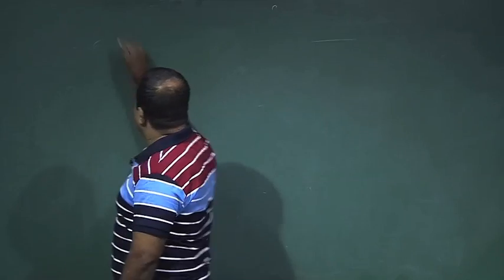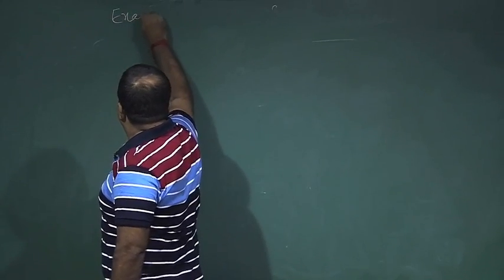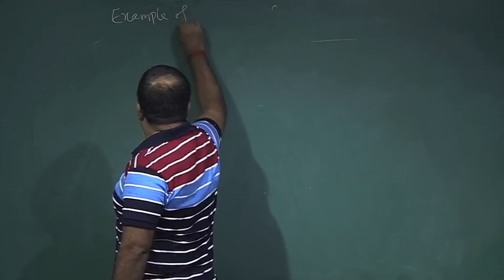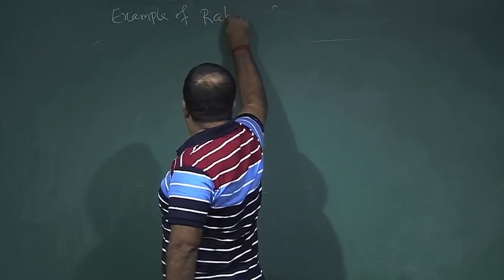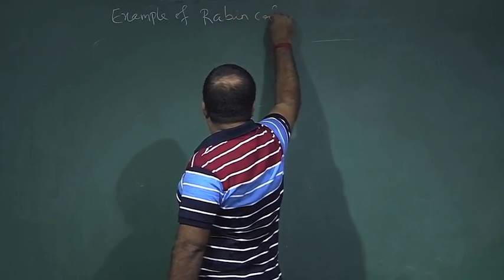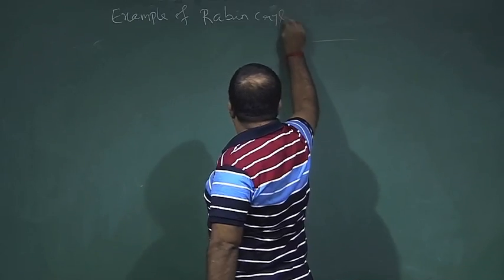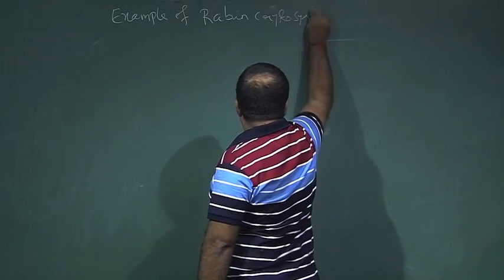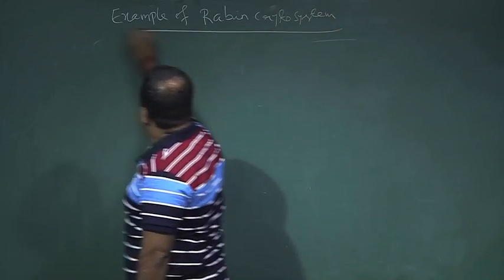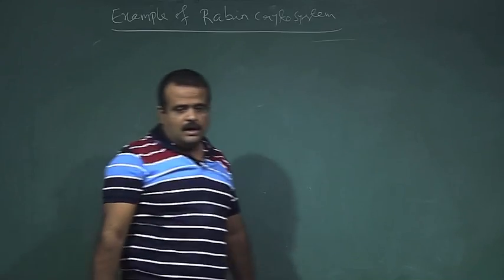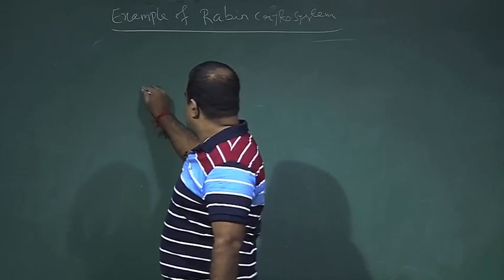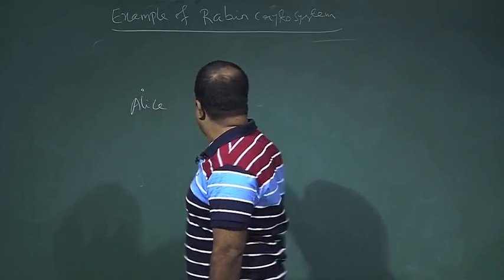Okay, so an example of the Rabin cryptosystem. Now Alice wants to send a message to Bob.